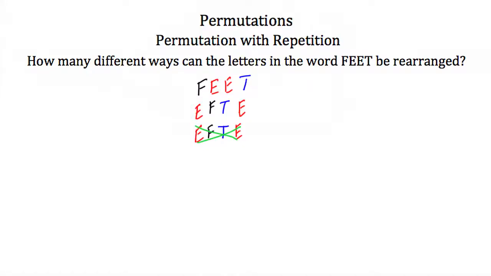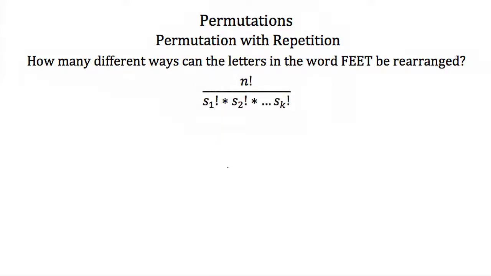Well, there's a formula for figuring this out as well. And that formula looks like n factorial over s1 factorial times s2 factorial times, and so on, up to sk factorial. And what this means is that if we're trying to figure out how many different ways the letters in the word feet can be arranged, we're going to use every one of these letters.